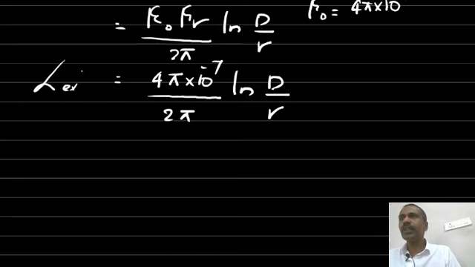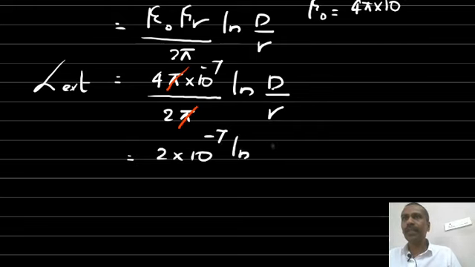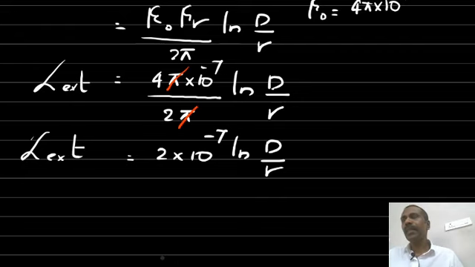So this is our external flux linkage, sorry, external inductance. The pi and pi will get cancelled. So this is equal to 2 into 10 raised to minus 7 natural logarithm d by r. This is the inductance due to external flux linkage.